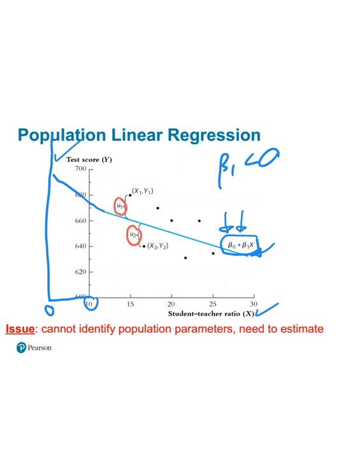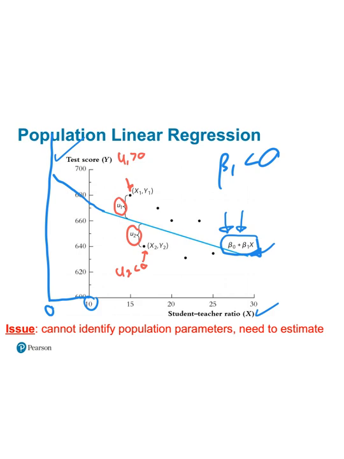So we see that the error term can sometimes be positive or it can be negative. Right here, our data point is higher than our regression, so u_1 is positive. And down here, u_2 is smaller than our population linear regression, which means that u_2, our error term, is going to be negative or less than 0.